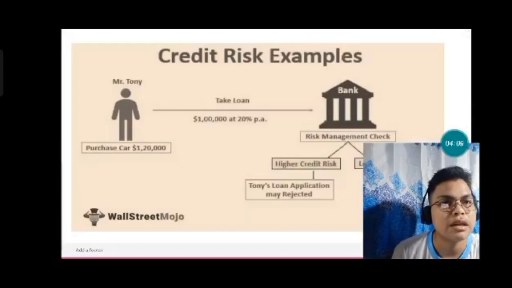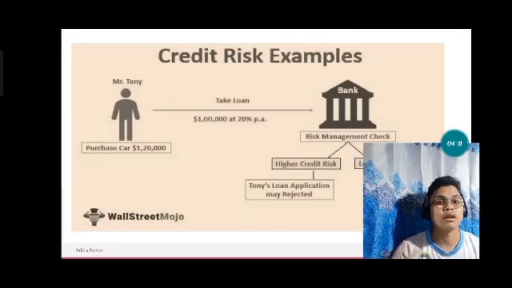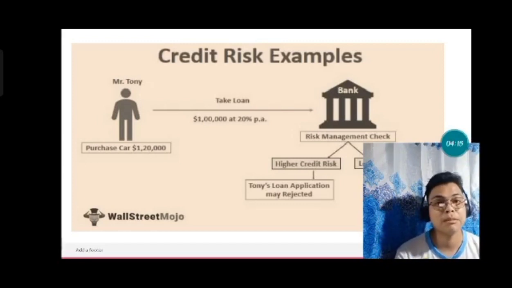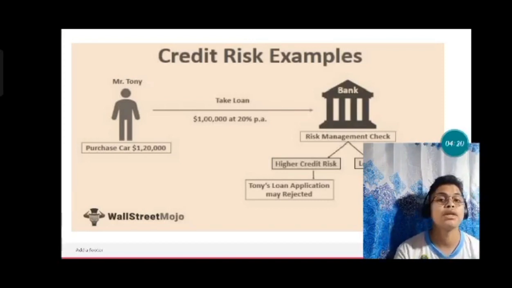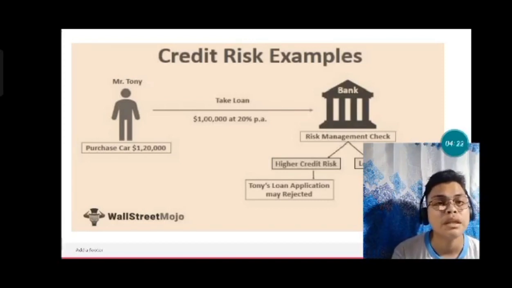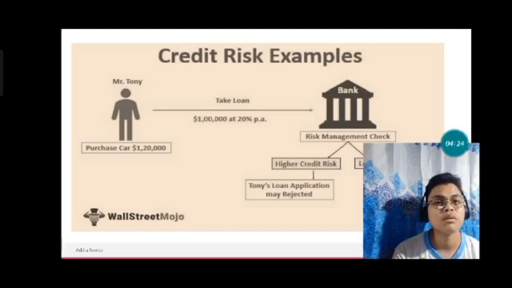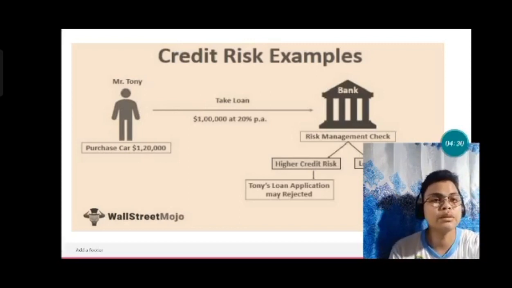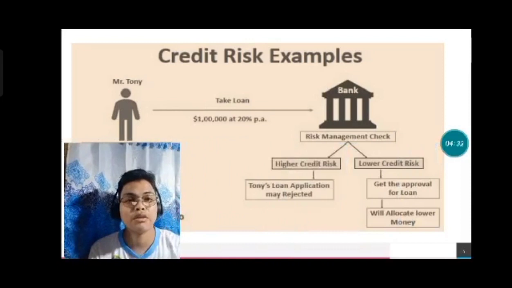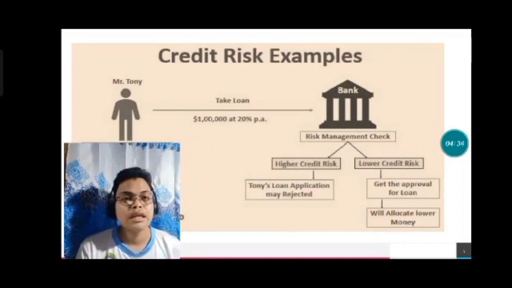This is an example of credit risk. As you can see, Mr. Tony is the borrower, and he wants to purchase a car worth 1,020,000. He takes a loan from a bank, and the bank performs a risk management check.